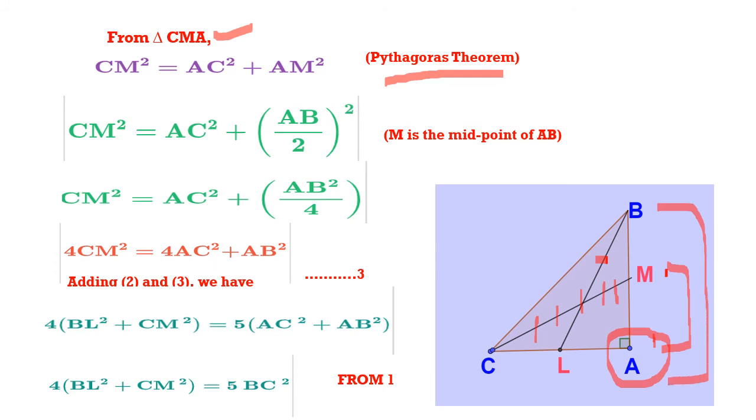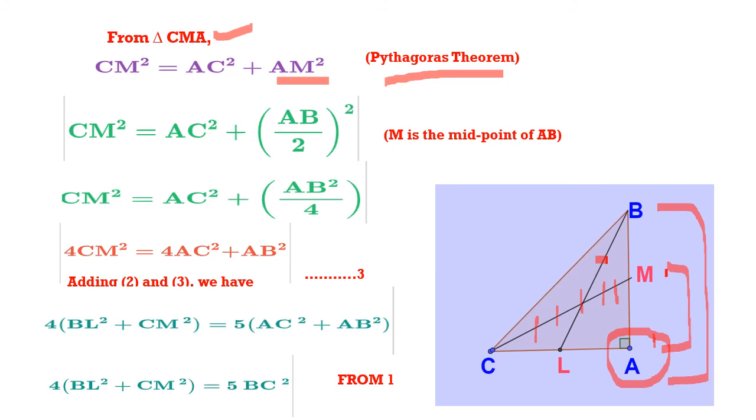You can replace AM with AB upon 2 and then square it. All the steps are repeated just as we did in the previous case. In the previous case, we took half of AC, and here we are going to take half of the side AB.